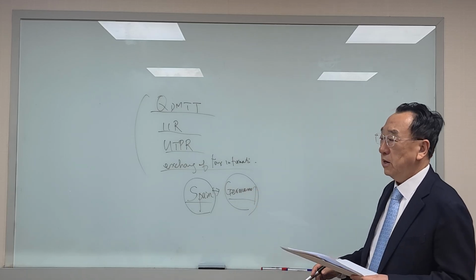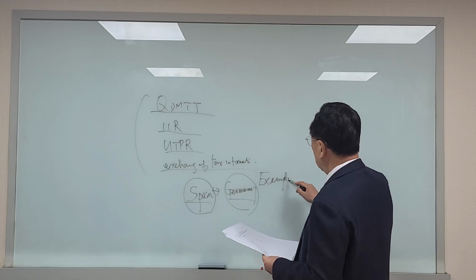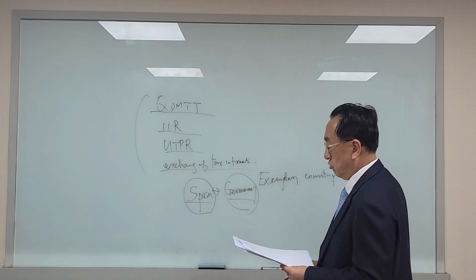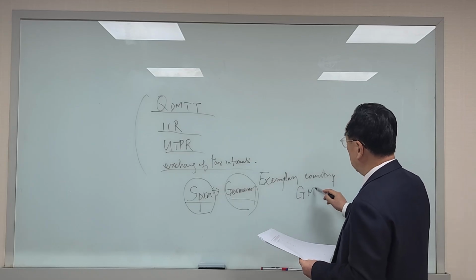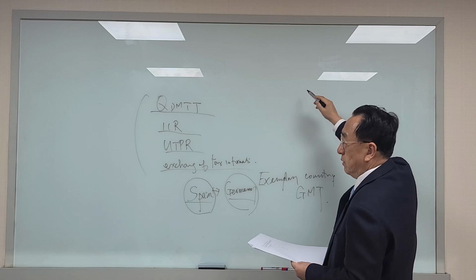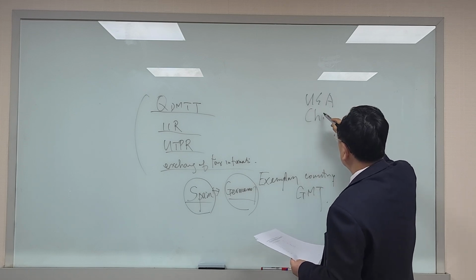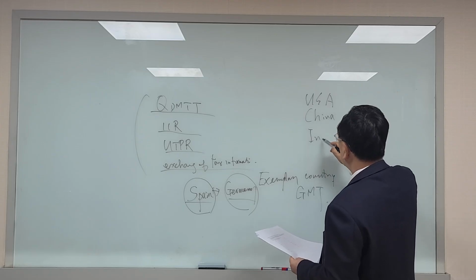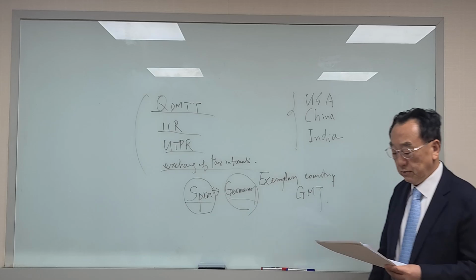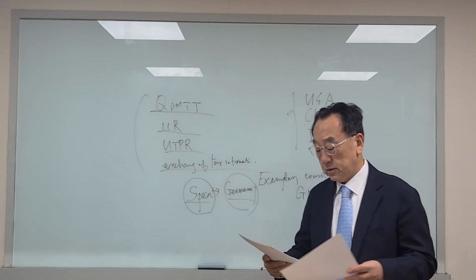Spain and Germany are exemplary countries in terms of global minimum tax. But as I mentioned, the main players, United States of America, China, and India, still have not joined the global minimum tax.